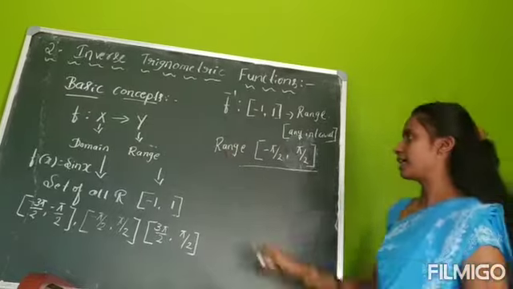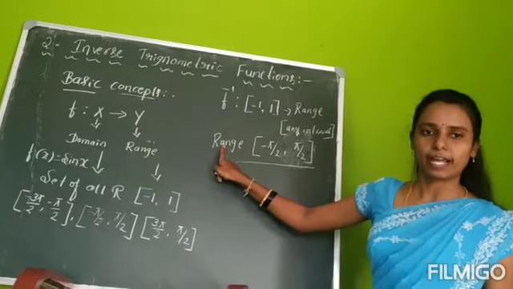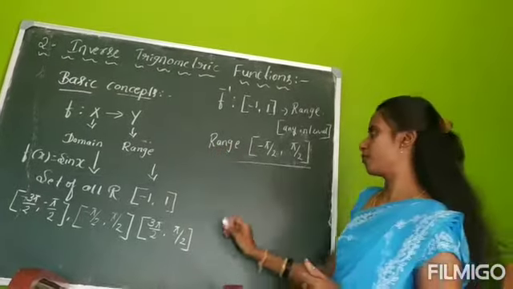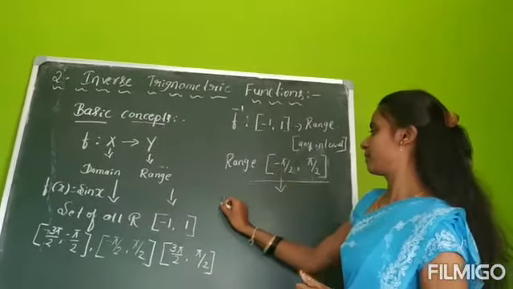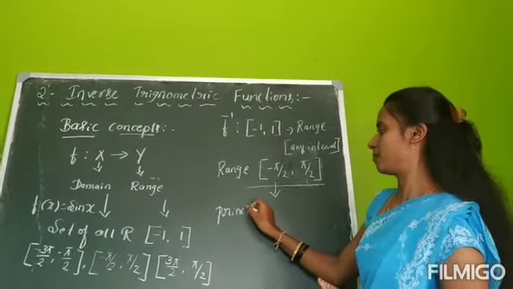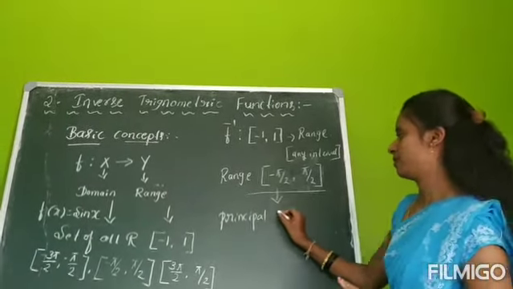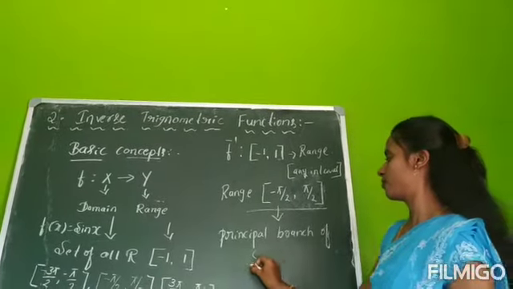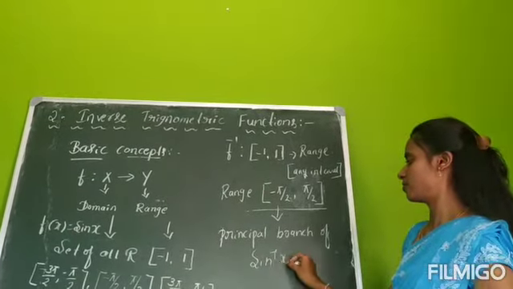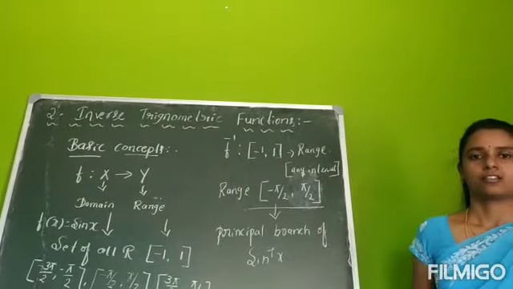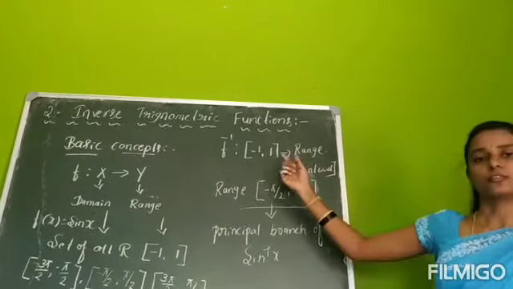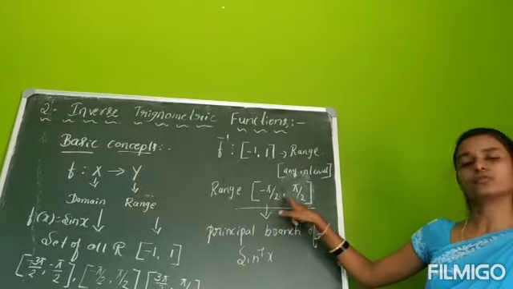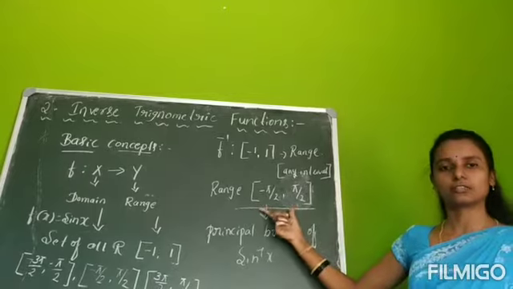Hence I can say that this is the principal branch of sine inverse x. Therefore, the domain is minus 1 comma 1 and the range is the closed interval minus pi by 2 to positive pi by 2.